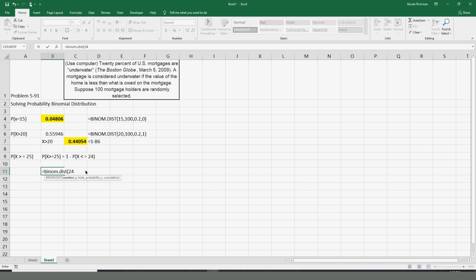And now we're at 24, 100, 0.2, and again 1 because we want that less than or equal to. And then we're going to do 1 minus. So the probability of X being greater than or equal to 25 is 0.13.